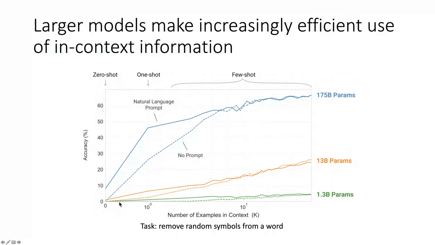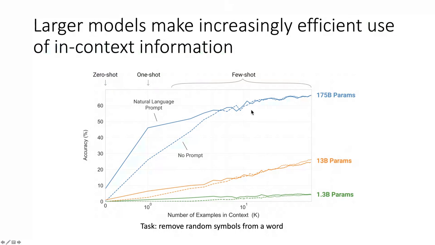And you see that here at this level it's k equals 1, so it's one shot. Here it's zero shot, and then as you go that way you have 10, so it's a logarithmic scale on the x-axis.